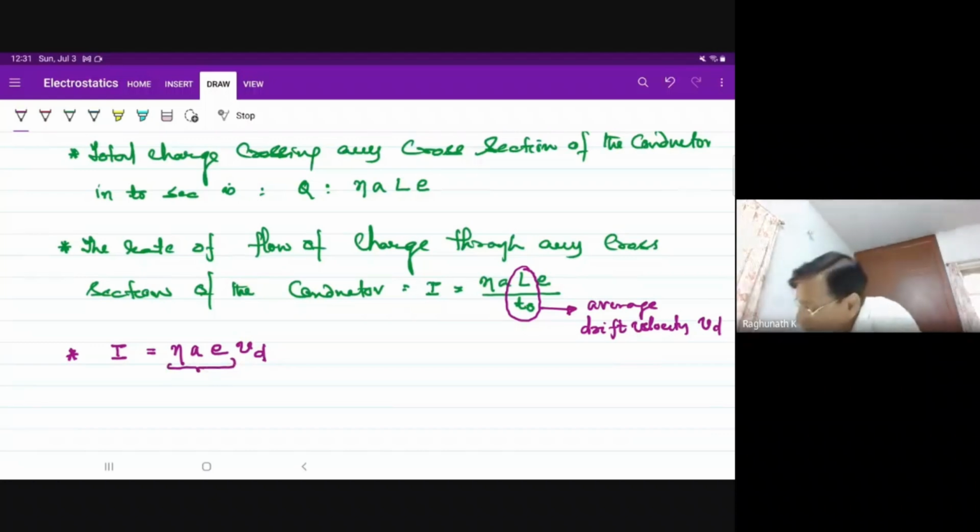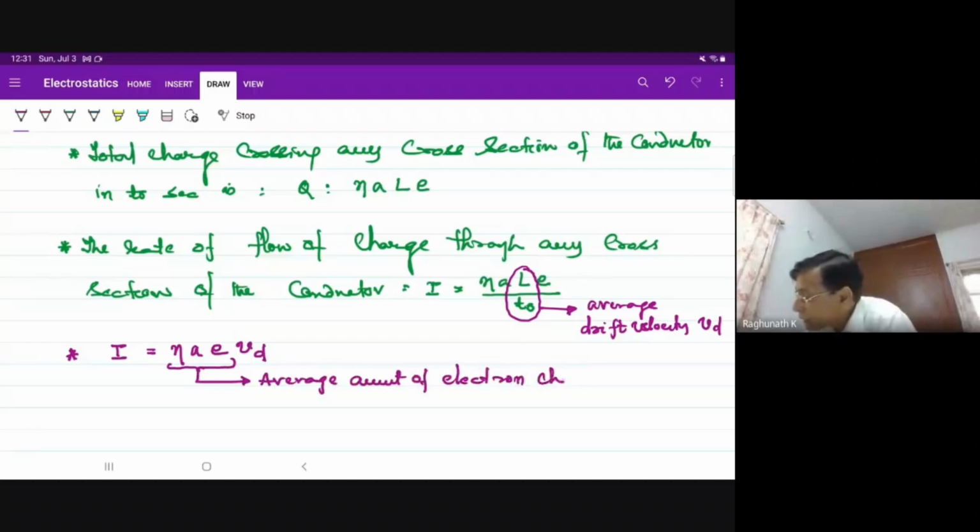It is the average amount of electron charge per unit length of the conductor.